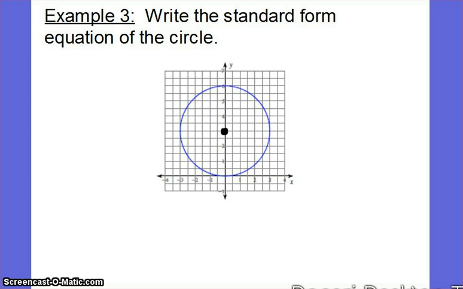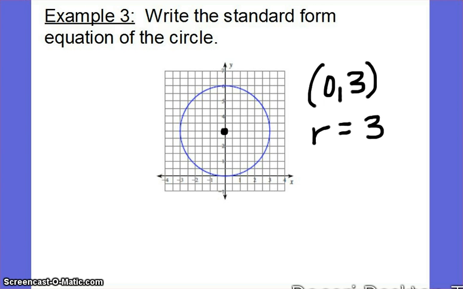And I can count to verify: if I go 3 units to the right, 3 units up, 3 units left, and 3 units down, I will touch the edges of the circle. So my center does seem to be the point (0, 3). My radius is also 3 because I could leave the center and go 3 units in any direction and reach the edge of the circle.